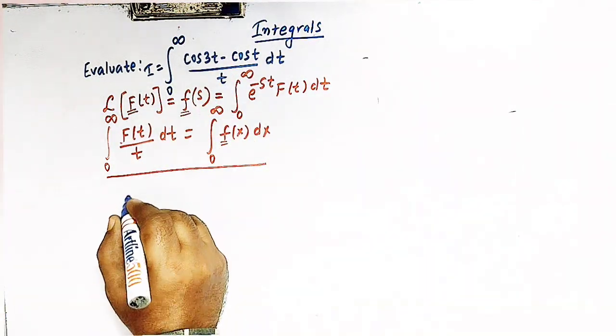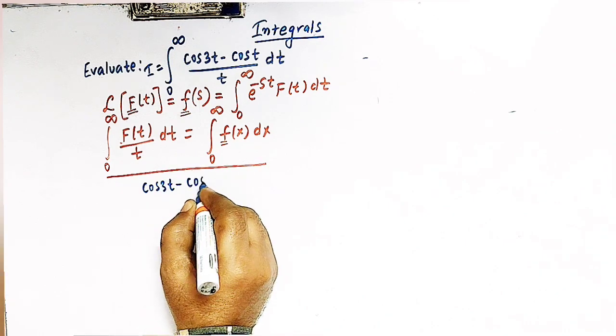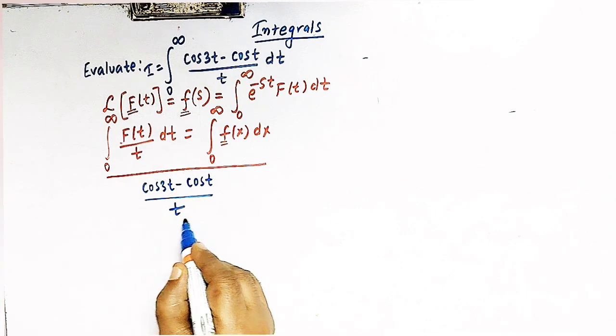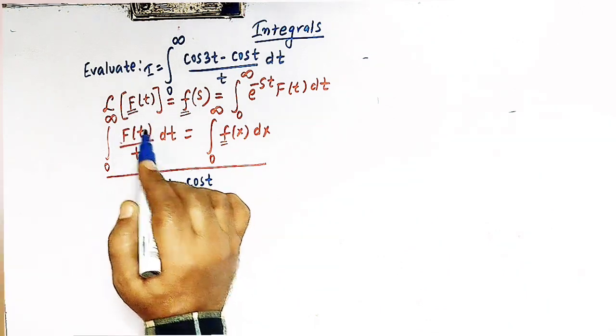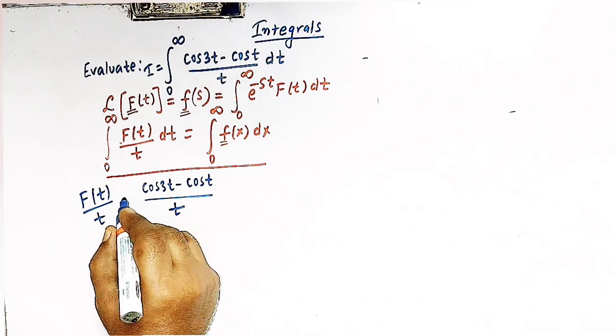Now let us come to the integrand. Here we have (cos 3t minus cos t) divided by t. Let us compare this expression with F of t divided by t.